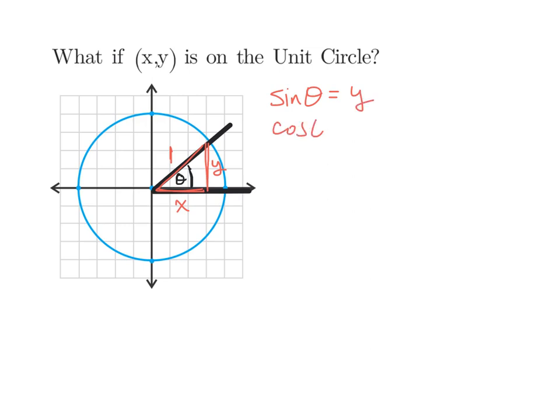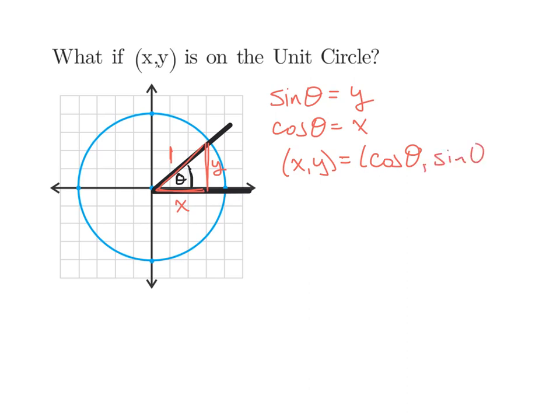And the cosine is the base over the hypotenuse. That'll be x. This is fantastic because what it tells us is that any ordered pair that is on the unit circle could be written as cosine, sine.